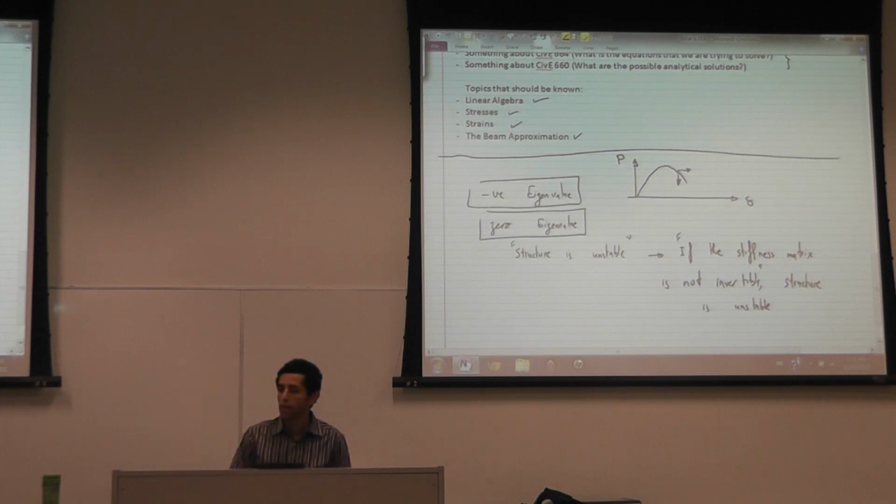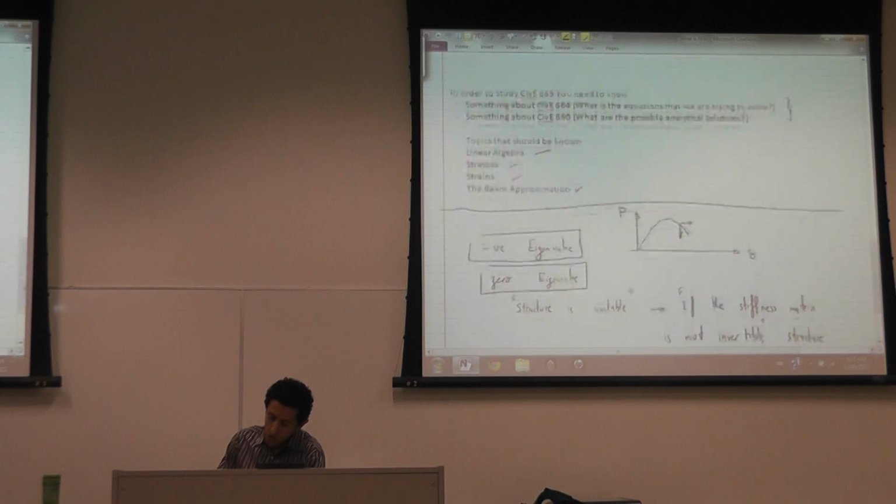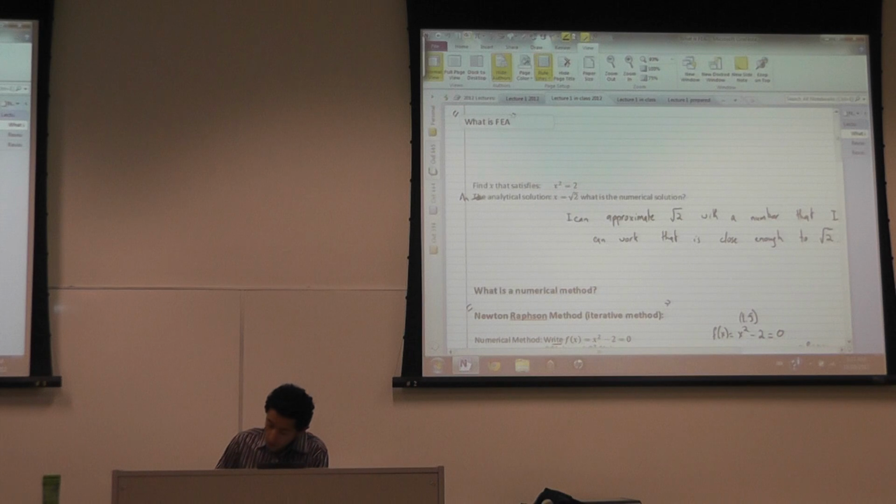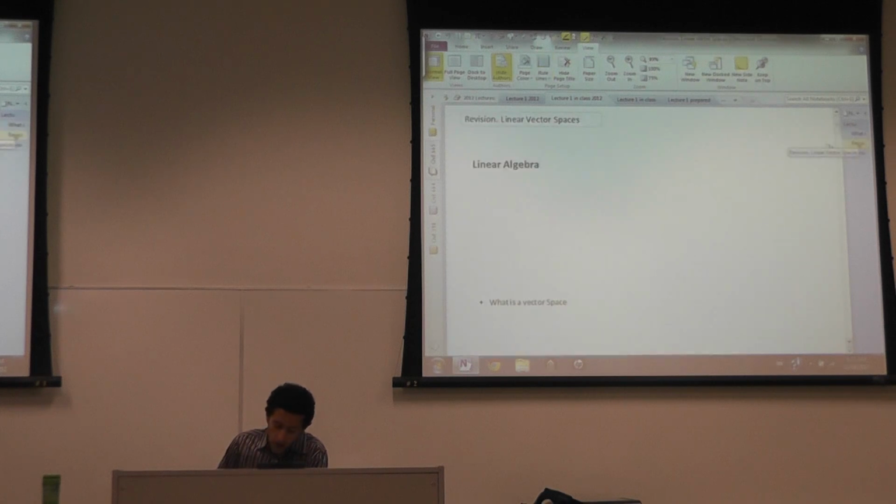That's what a negative eigenvalue means. So let's now start to study linear algebra, from the beginning, to try and understand what all these things mean.